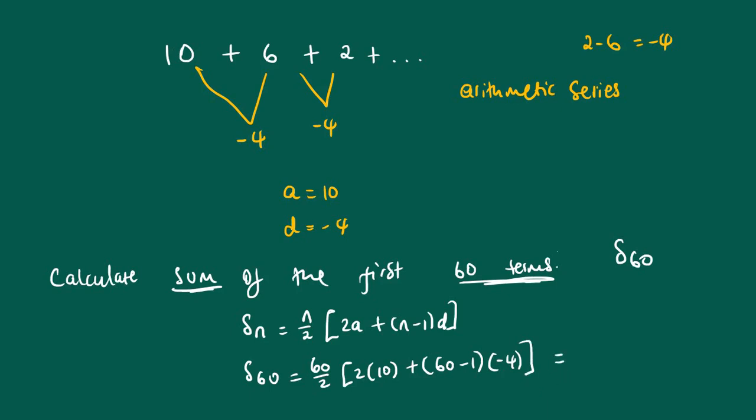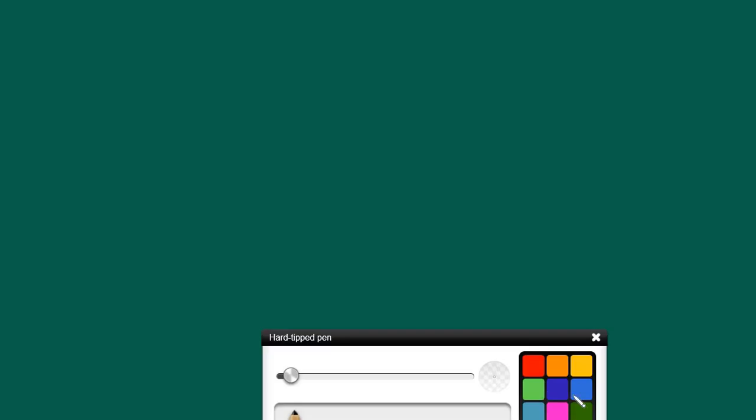Right, so what do we get then? We get -6,480. Like this, right? Yeah. Great. So that is how we do it. So now let's move on to maybe some of the geometric.